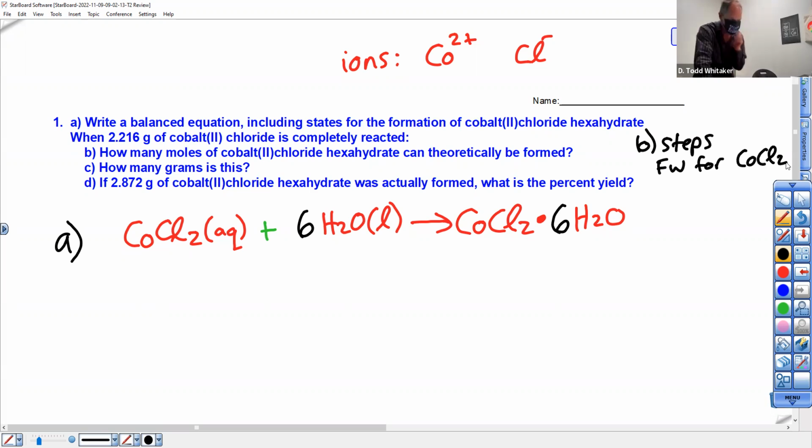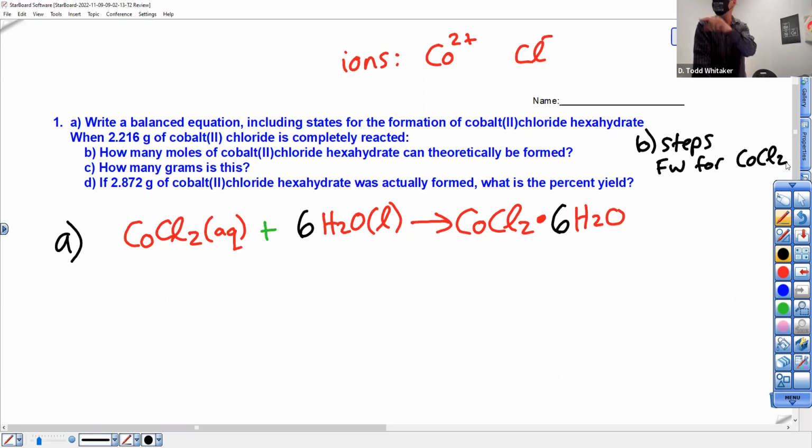Okay. 2.216 grams of cobalt(II) chloride is completely reacted, right? You can't use the coefficients if you have grams. When's the only time you're allowed to use the coefficients? Moles, exactly. You have to be talking about moles. So grams to moles is going to be our first job. That's why I need a formula weight.